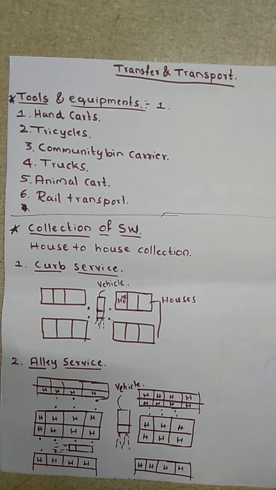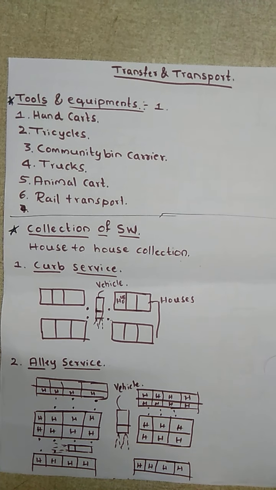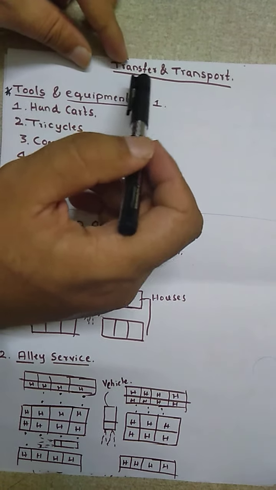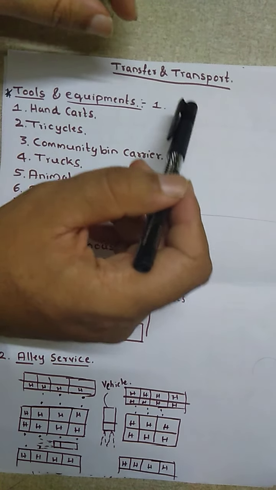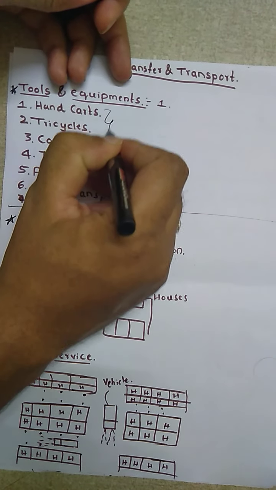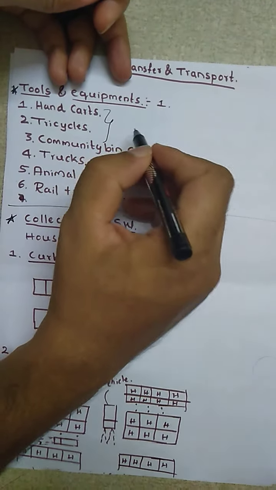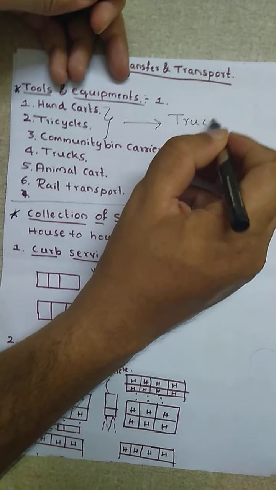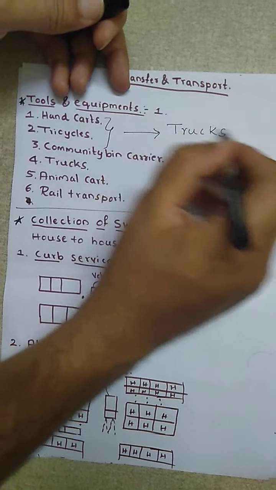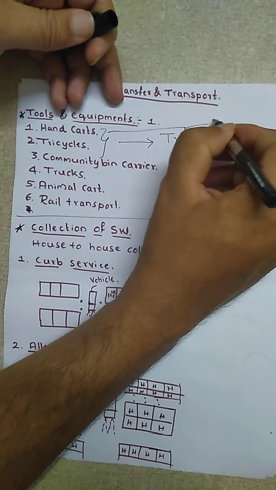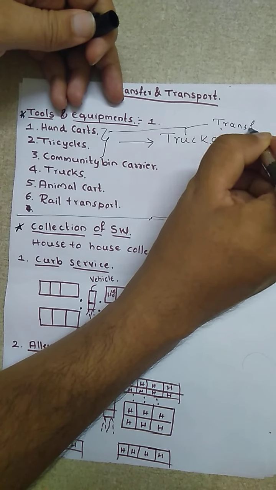Such smaller equipments we will be using for collection. So transfer is from a smaller vehicle, whenever we transfer it to a bigger vehicle called a truck, we call it a transfer. From this to this we call it a transfer.